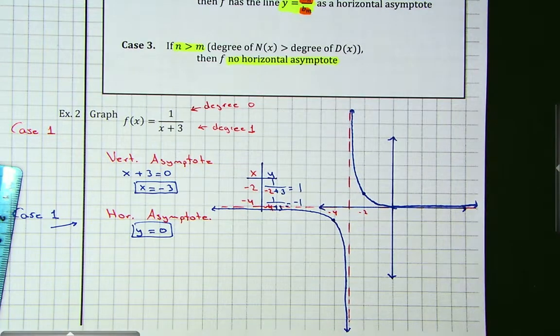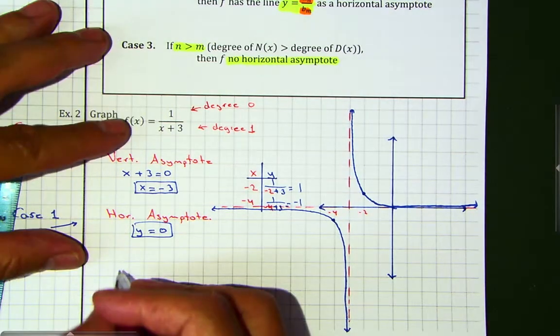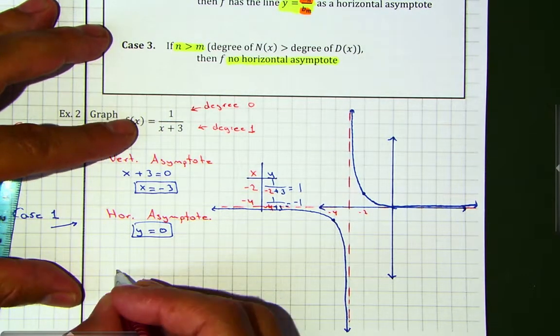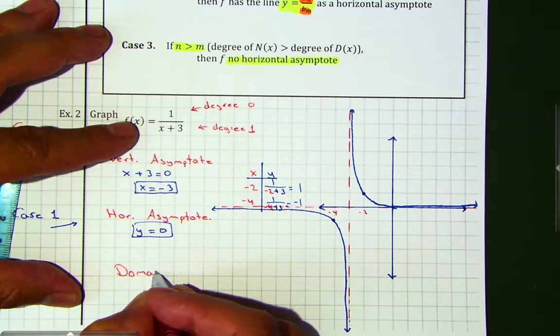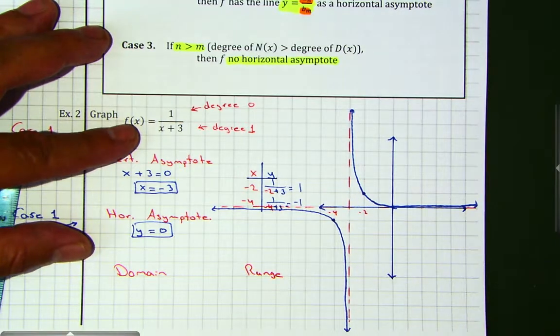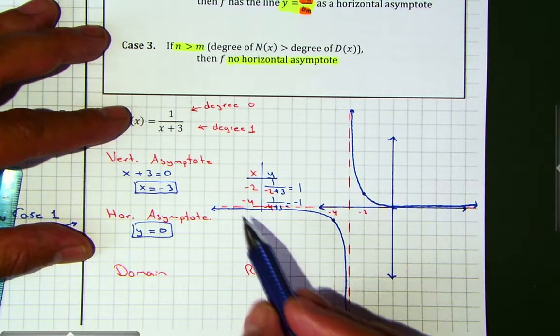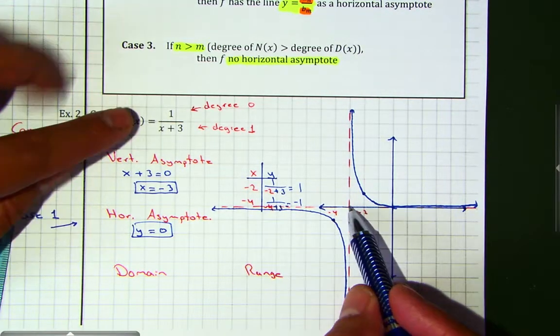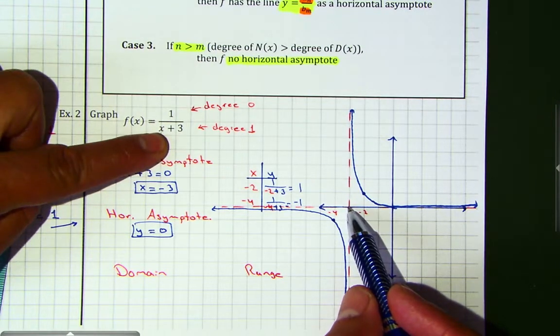So the last thing that I need to do is my domain and range. So let's find your domain and your range. What is my domain? All real numbers except for negative 3, since I cannot plug in a negative 3.